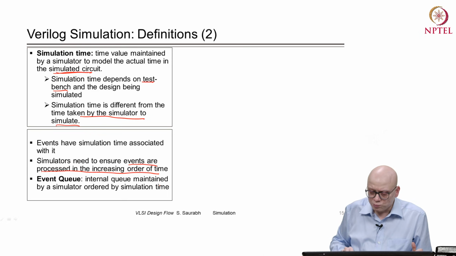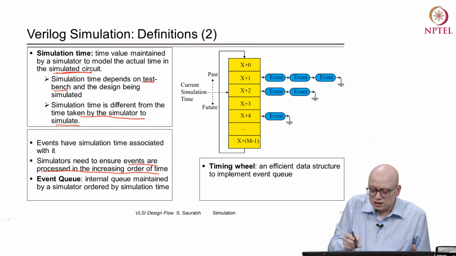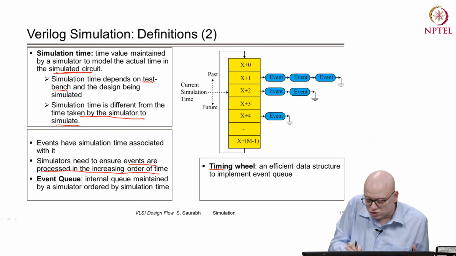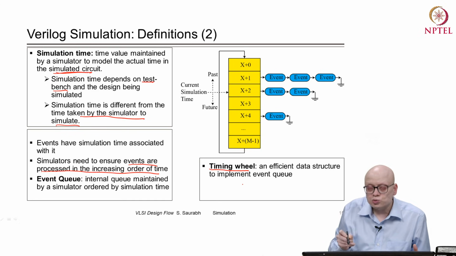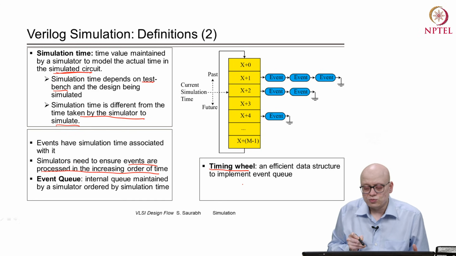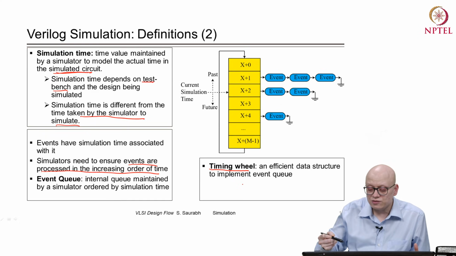One popular data structure for keeping the event queue is known as a timing wheel, which is shown in this slide. So, the timing wheel is an efficient data structure to implement an event queue. Now, how are events kept in a timing wheel?